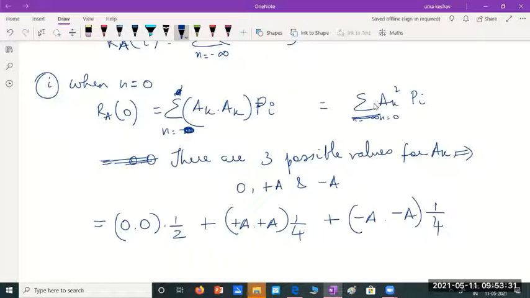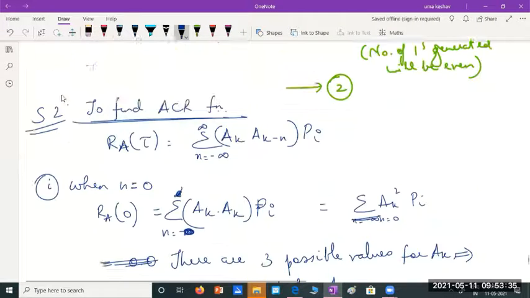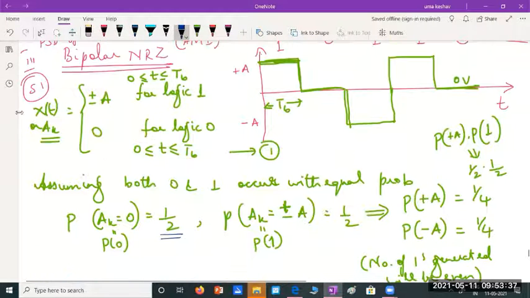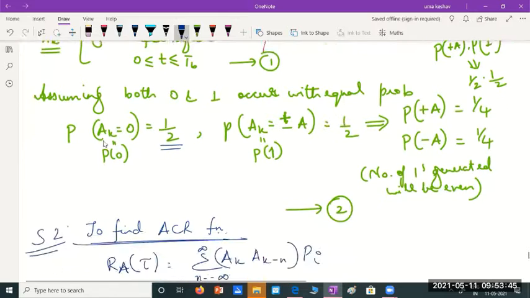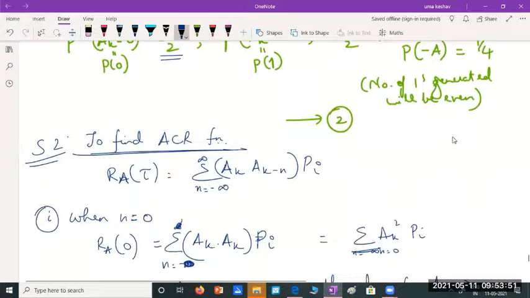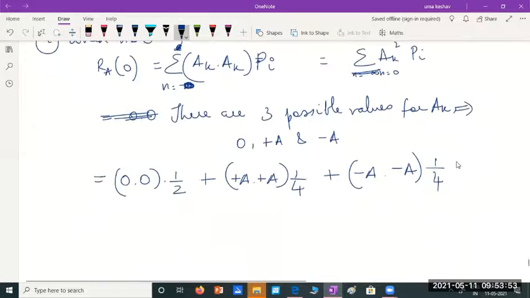So I have the summation of all the three possible values for AK. That's why you should understand clearly what values this amplitude AK can have. It can have 0, plus A or minus A. When it is 0, the probability is half. For plus A, it will be 1 by 4th. For minus A, 1 by 4th. So what value am I going to get?